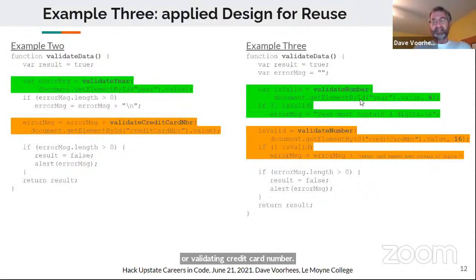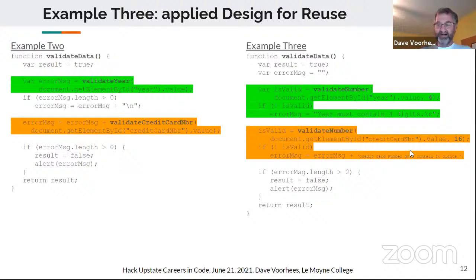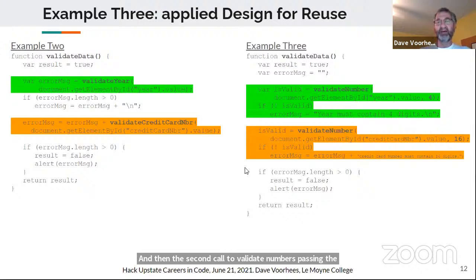Now if we look at example 3, you can see that in both cases, we're calling the same function called validate number. We're passing the value of year, a comma, and then the value 4, which is the number of digits required for a year. The second call to validate number passes the credit card number value, and then the value 16. So the changes to validate data are somewhat minimal.